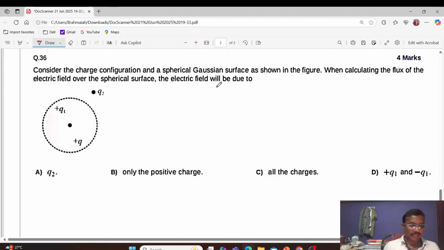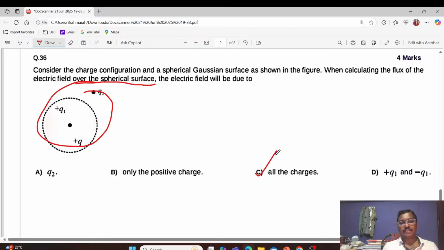See here you have to notice that they're asking about calculating the flux of the electric field over a spherical surface. So it will include this also, over a spherical surface. That means all together, right? All of this. These are all the charges. Okay, na?